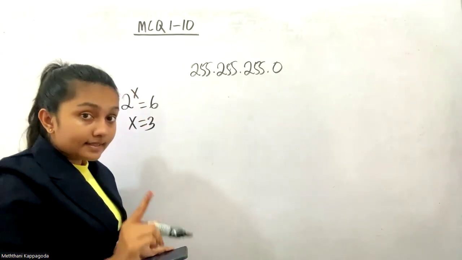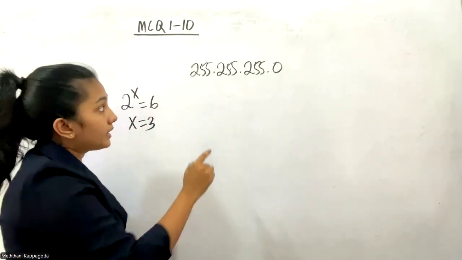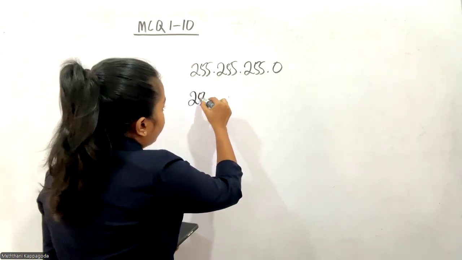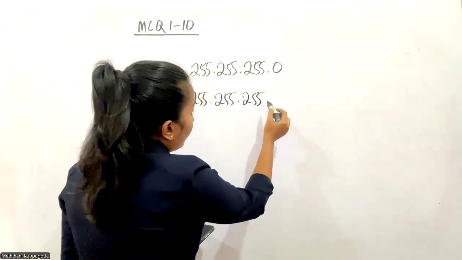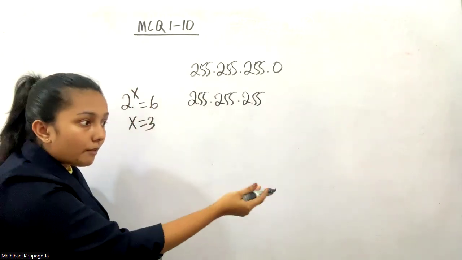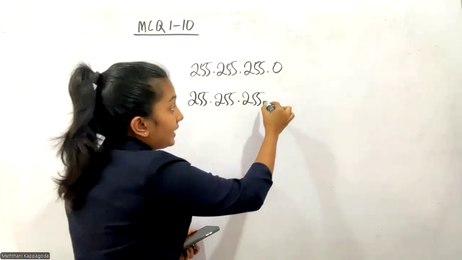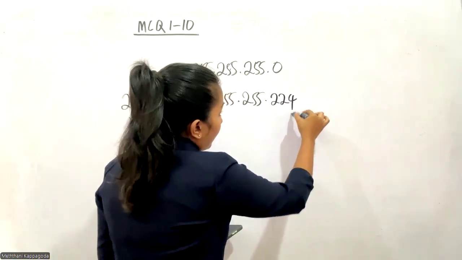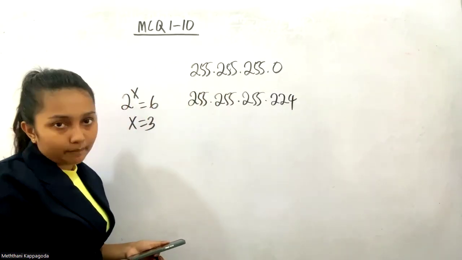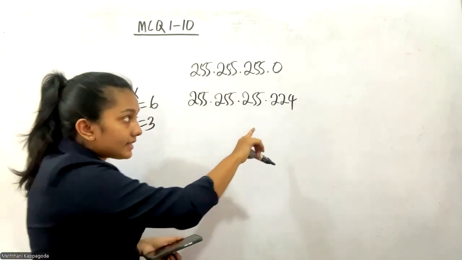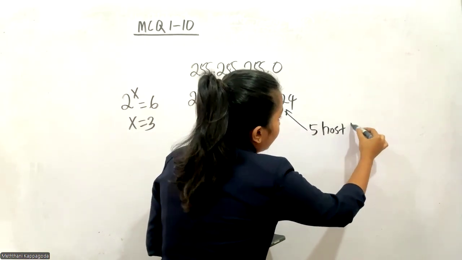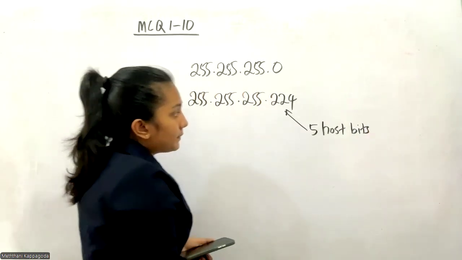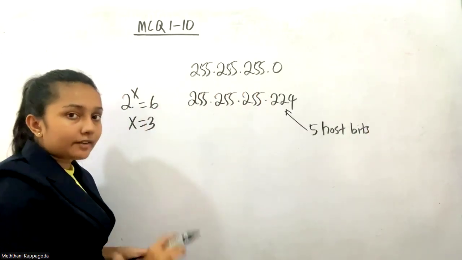If x equals 3, your new subnet mask should be 255.255.255 with 3 host bits coming to the network side. Then your new subnet mask is 224. In this new subnet mask, there are 5 host bits, because 3 host bits came to the network side.